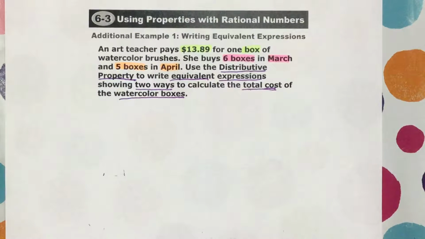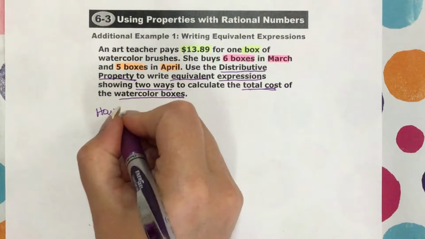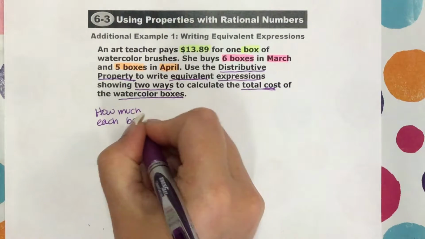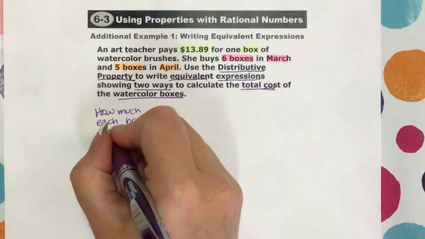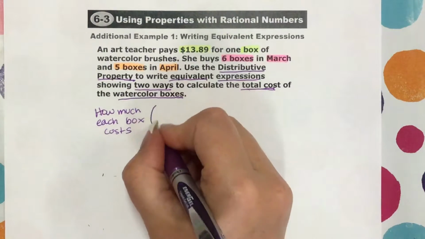All right. So to find the total cost of the watercolor boxes, we need to know how much each box is, or each box costs. And then we're going to multiply that.